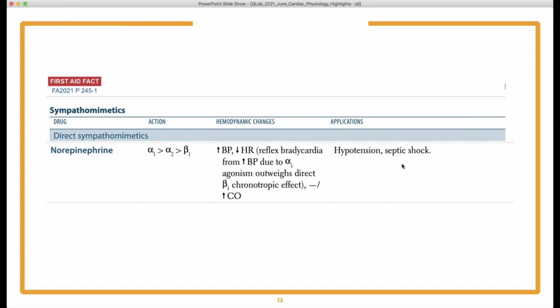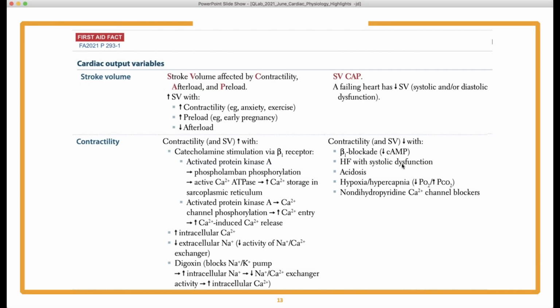Furthermore, on the next slide, there's another table from First Aid that talks about what happens to contractility with catecholamine stimulation, and that's in that second row. You can see there that catecholamines stimulate the beta-1 receptor, and you can see that whole pathway via protein kinase A and how that leads to increased calcium accumulating within the cell.